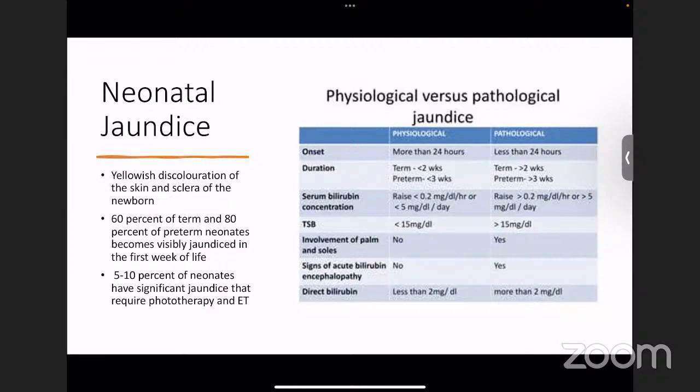I cannot shorten it, because you will not read it in any other subject like medicine, surgery, or OB-GYN. In pediatrics only will we be reading neonatology, so that's the reason I give more weightage to neonatology. So I started first, and with this I will be completing neonatology. In the next class, next Friday, we will be talking about nephrology.